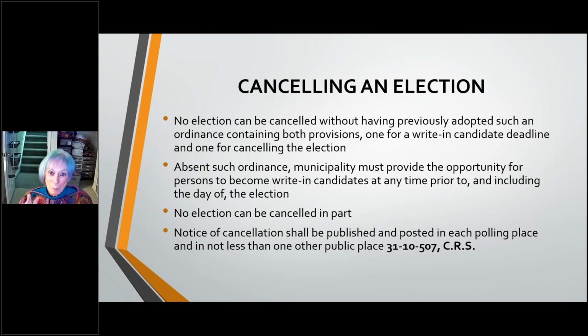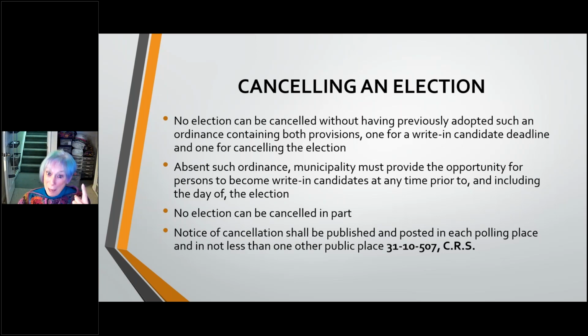Think of it as all or nothing. Additionally, say you have the mayor on the ballot along with trustees, and only 1 person running for mayor, but 4 people running for 3 trustee positions. You cannot take the mayor off the ballot and only vote on the trustees. Again, it's all or nothing.